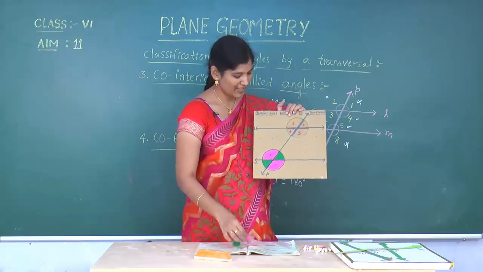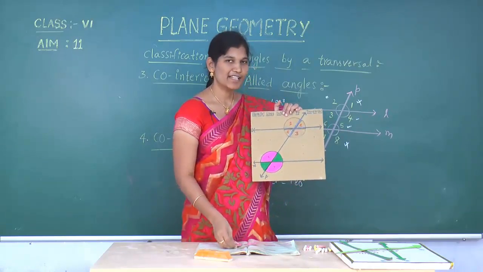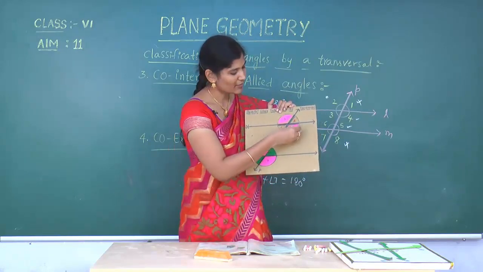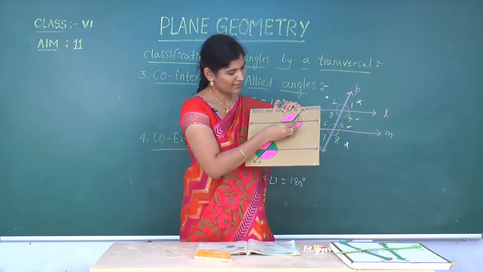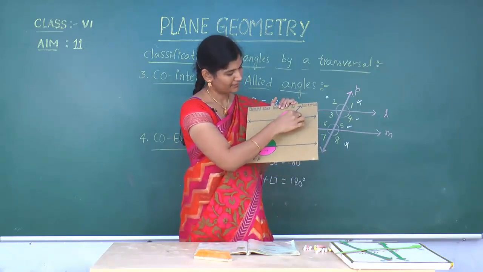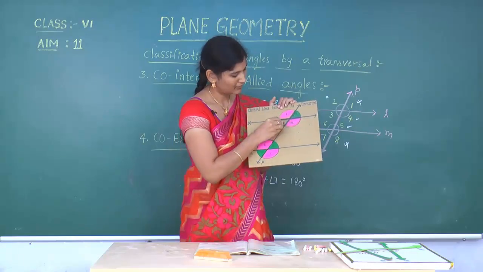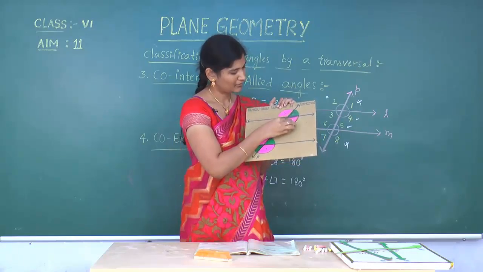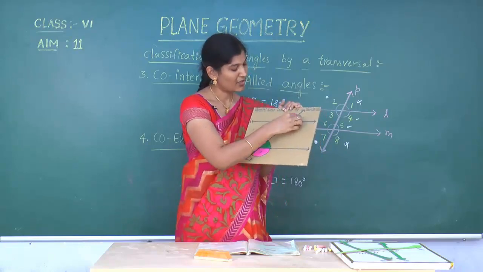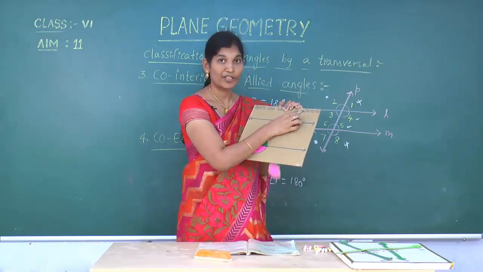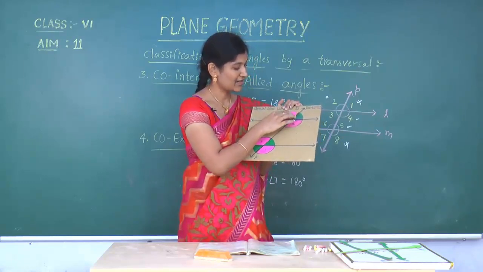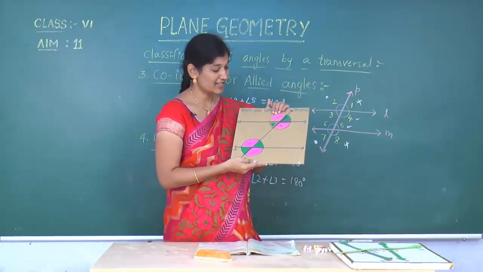Now let me check whether corresponding angles are equal or not. In this figure, what are the corresponding angles? What is the rule of the corresponding angle? Corresponding angles are on the same side of the transversal.